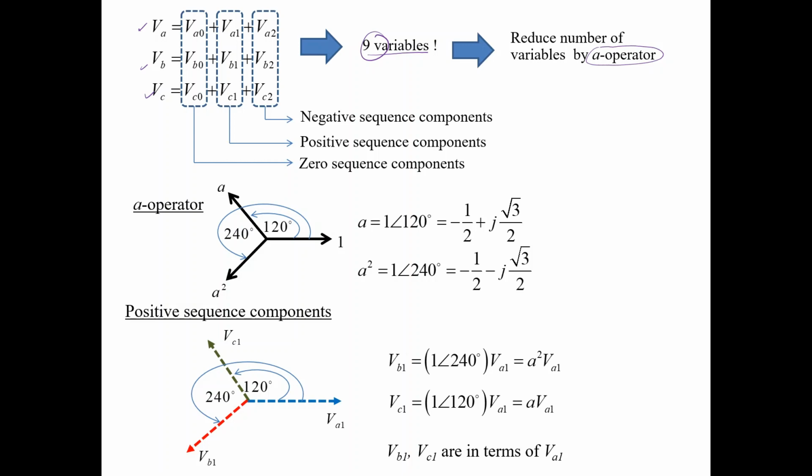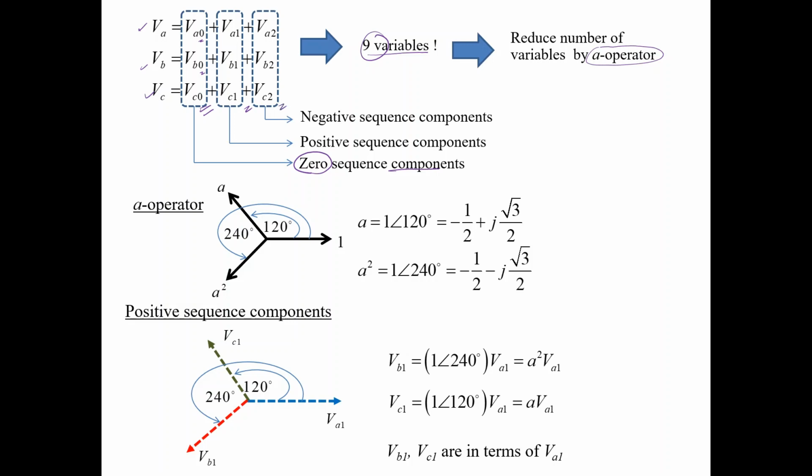Okay, now you see we have to group the zero sequence components, all these 3 with the subscript 0. We call this the zero sequence component, the positive sequence component, and the negative sequence component. We have to analyze the components of each of these 3 groups.